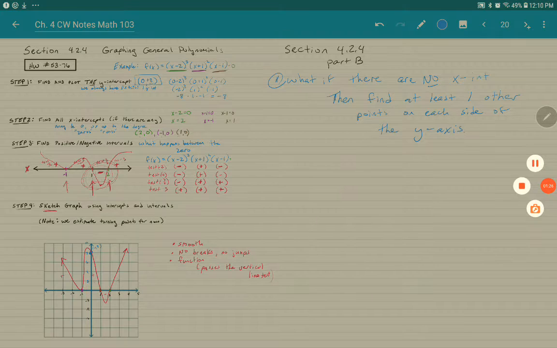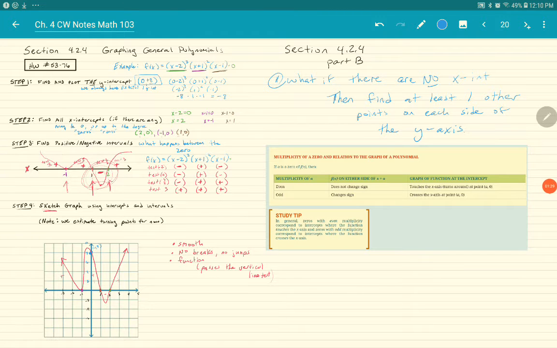The other thing is we can actually use the multiplicity of the zero to see if it's going to be positive or negative by thinking about this. In general, zeros with even multiplicity, so x squared, x to the fourth, x to the sixth, eighth, tenth: if you think about your parabola, when you have your zero in that even graph, your graph touches the x-axis and then bounces back up.